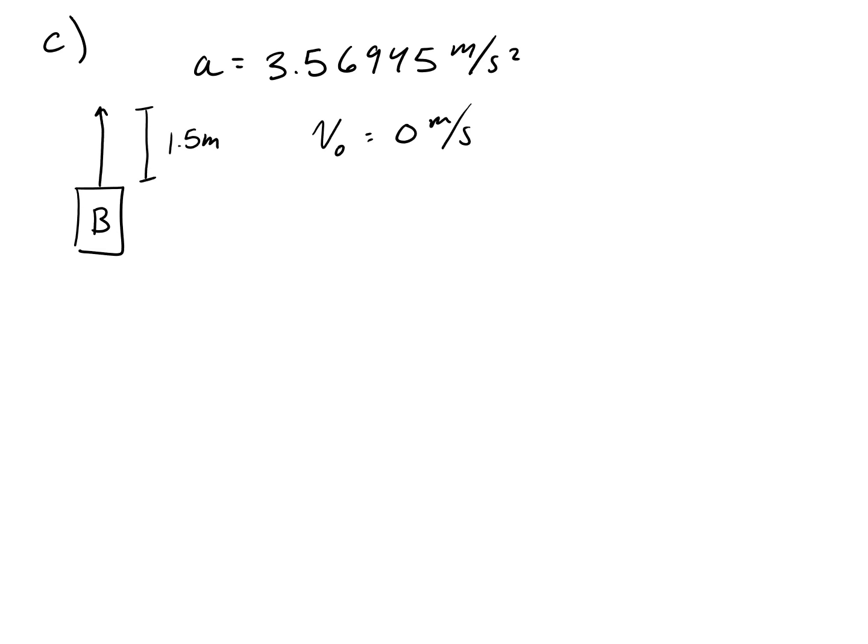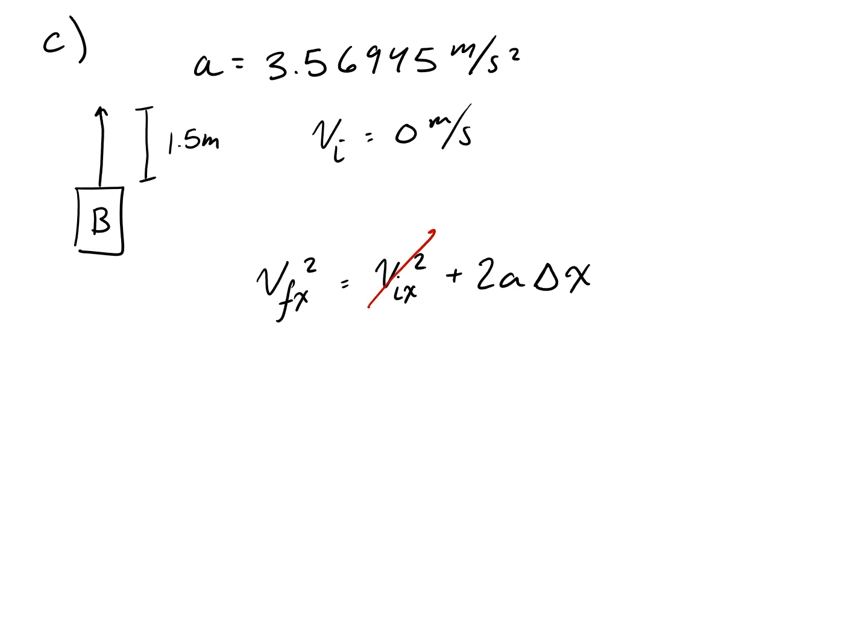So for this equation, we'll see it pop up in a sec. The equation we're going to need to use in this case is final velocity in the x direction squared is equal to the initial velocity in the x direction squared plus 2a, in this case, delta x.